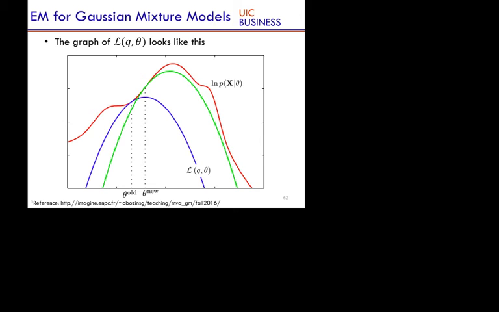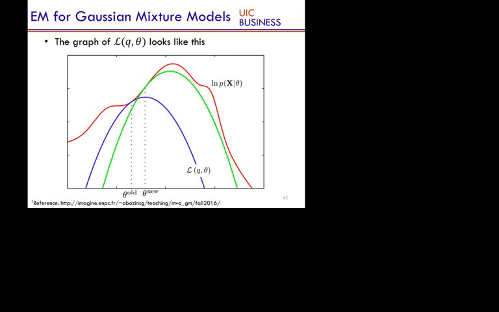Are you guys following? This is a function of x and theta. That much is kind of clear. So let's fix an x and think of this as a function of theta. Now I'm drawing this curve as a function of theta. It's just a diagrammatic thing because theta is actually multiple dimensions, with means and variances and so on.